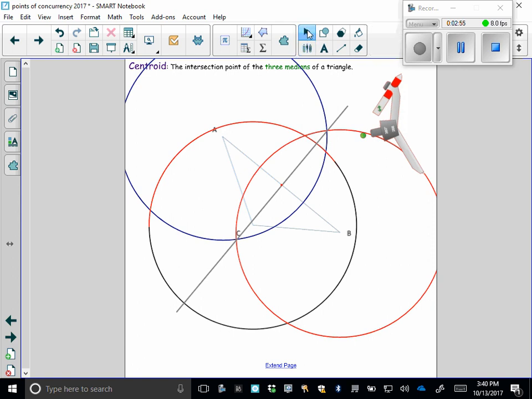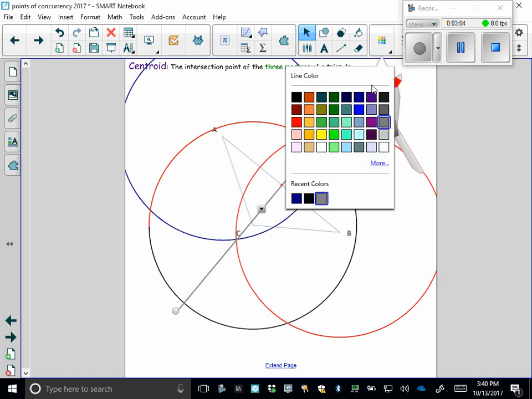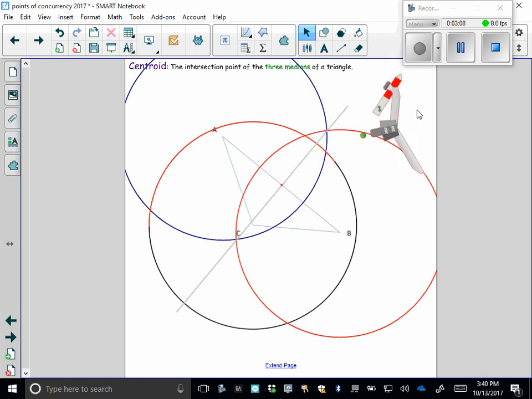And then you don't really need this whole line. I put it there so you can see what I'm guiding myself by, but I'm going to make that line nice and light. So I don't want to erase it. So you always want to show your compass marks.